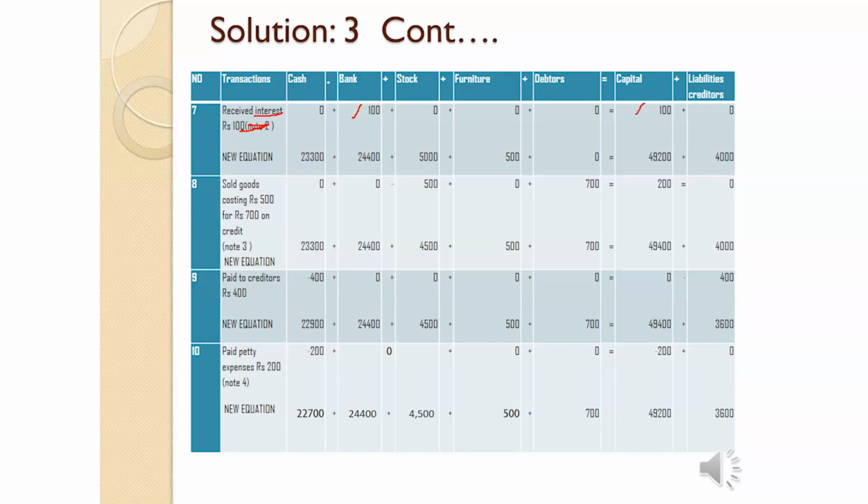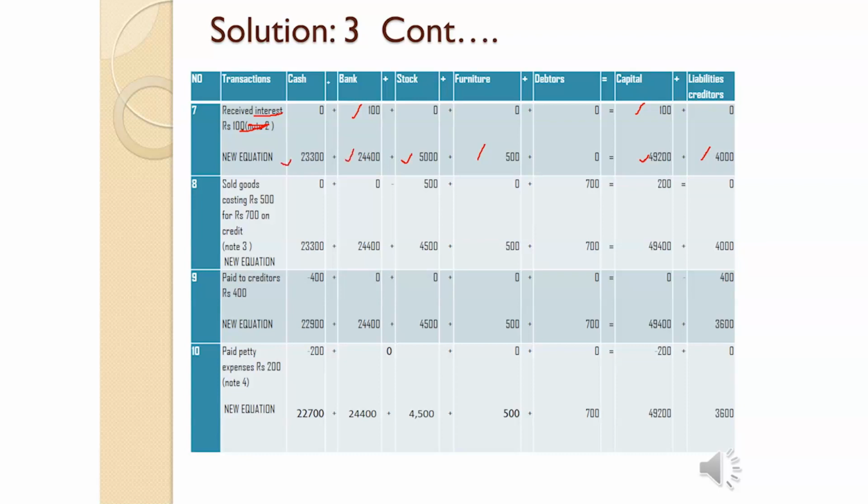Here the equation is: cash is equal to 23,300, bank 24,400, stock value 5,000, furniture value 500, then capital 49,200, liabilities of creditors 4,000.